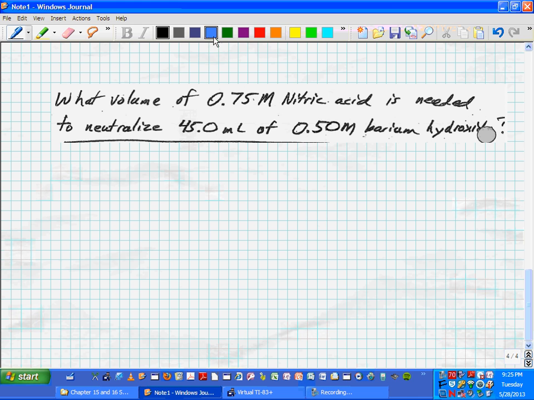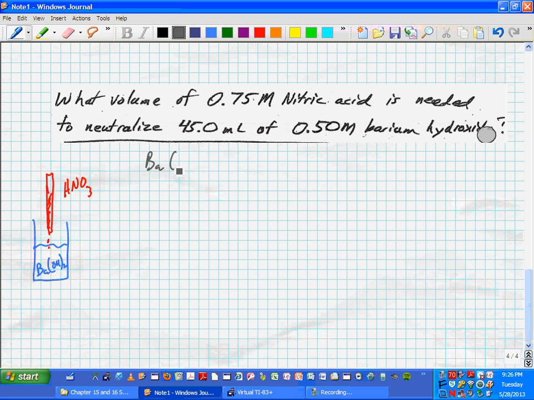So what's going on here is I've got some barium hydroxide, Ba(OH)2, and I'm running some nitric acid into it, HNO3. So I need a reaction for this, and that reaction is, again, a neutralization reaction, just an acid and a base reacting, which is a special double replacement.